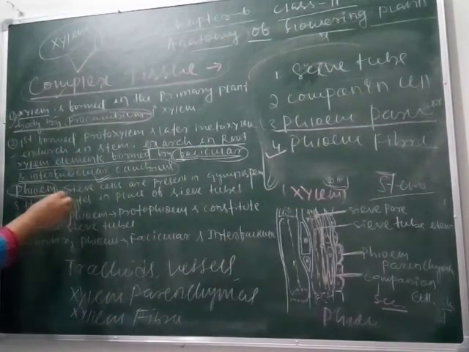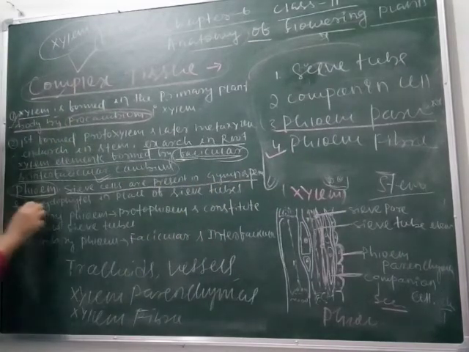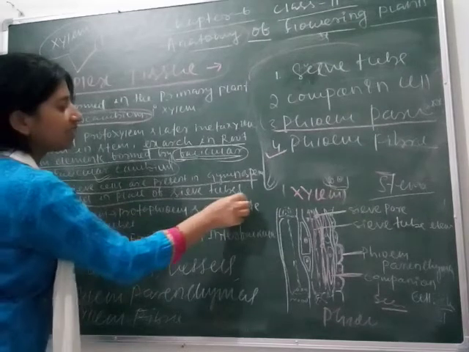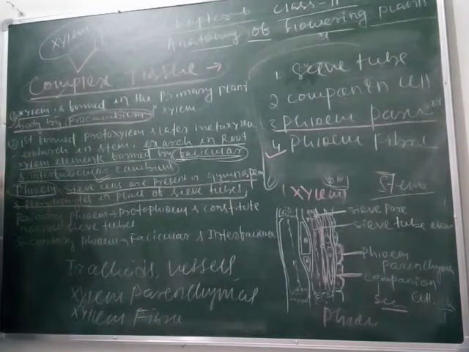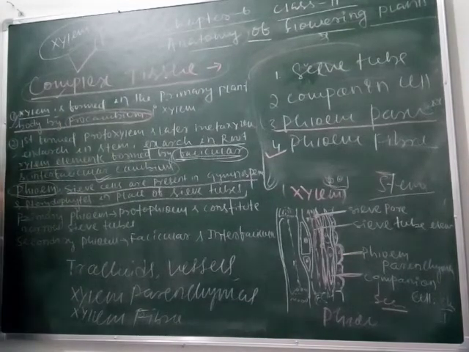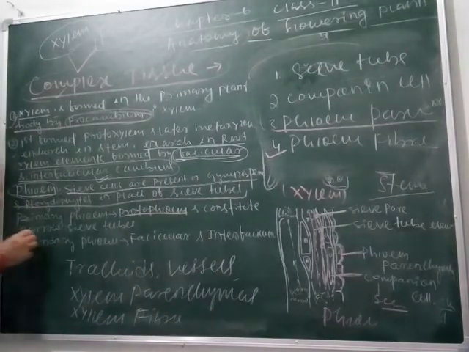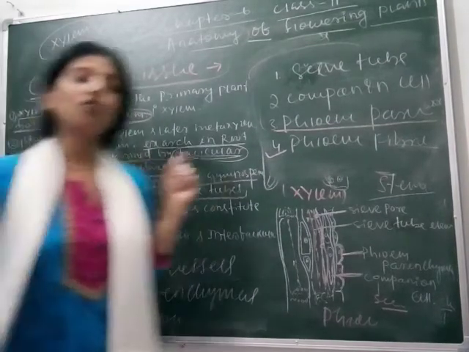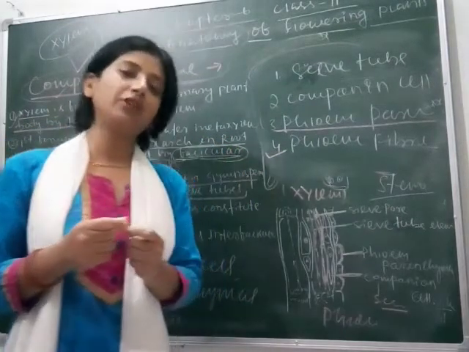Here you can see sieve cells are present in gymnosperms and pteridophytes in place of sieve tubes, which I have already discussed with you. Again, like in case of xylem, your protoxylem and metaxylem, in case of phloem, we also can see the primary phloem, which is called your protophloem and constitutes narrow sieve tubes. Why is the sieve tube narrow?